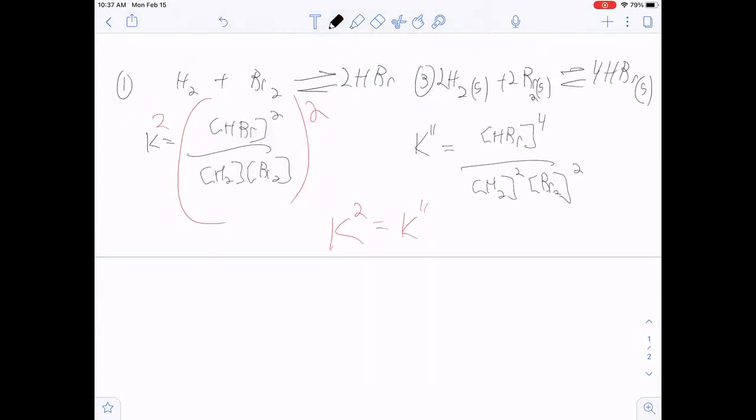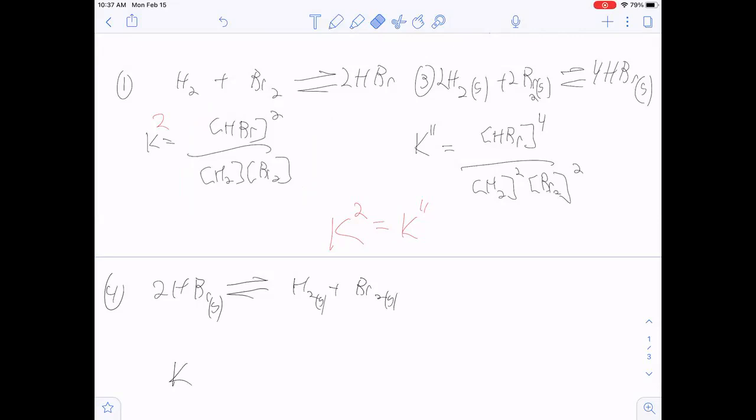What if we were to flip the reaction? Now I get this expression. I'm going to call this K triple prime. My products are now hydrogen and bromine.